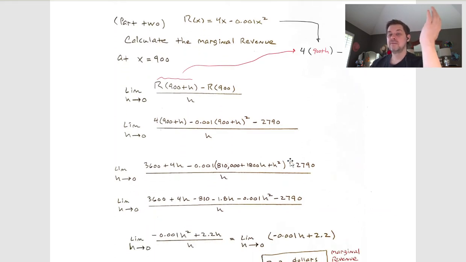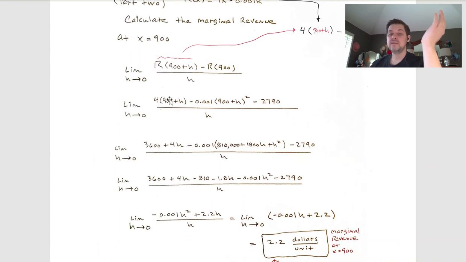Now, once we get here, we just have to do a lot of simplifying. For example, what you're seeing in these two steps: for this one, I have to distribute the 4. I have to multiply everything in there by 4. And then for this one, I have to square that and then multiply through by 0.001.